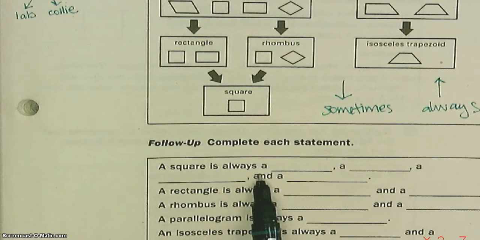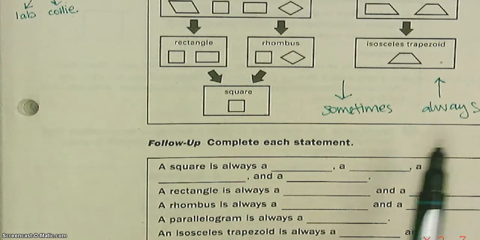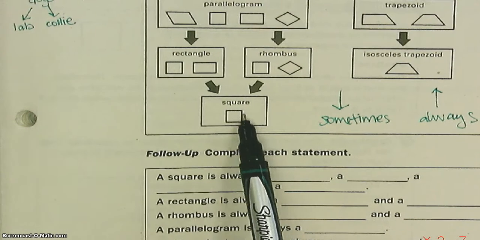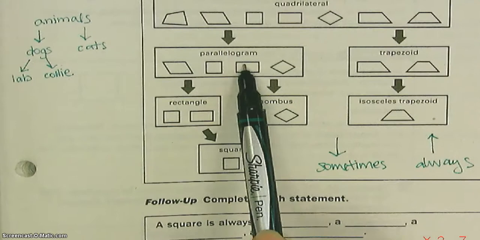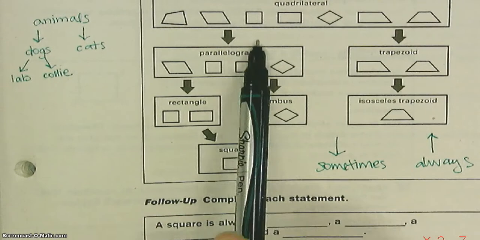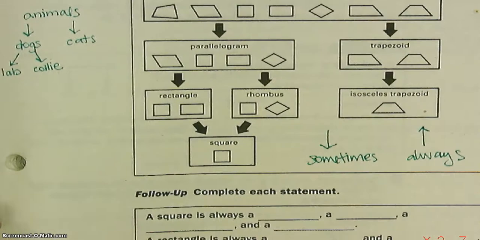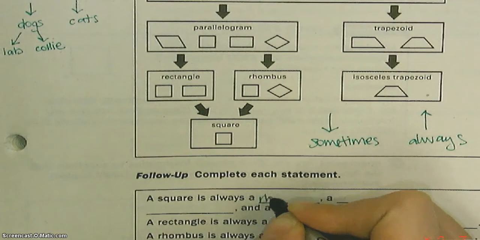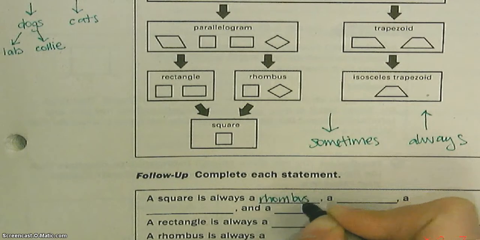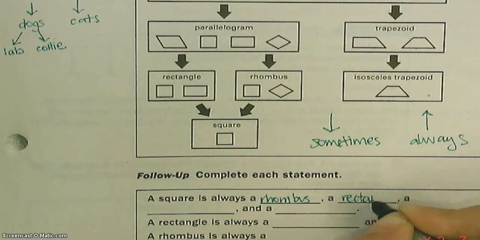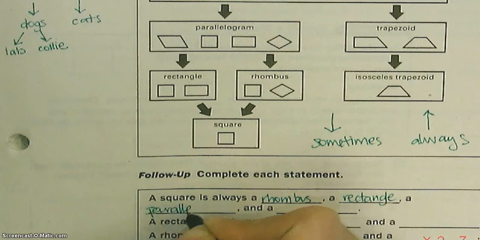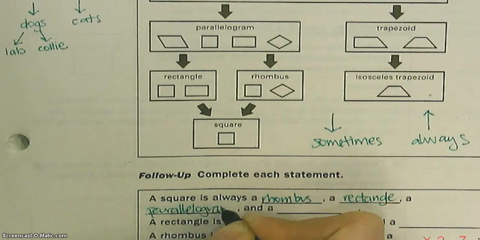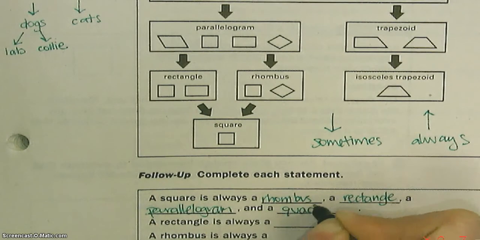A square is always... so we're going to work our way up. A square has everything from above. It's always a rectangle, it's always a rhombus, always a parallelogram, and always, all the way up, quadrilateral. So it's a rhombus, rectangle, parallelogram, and quadrilateral.